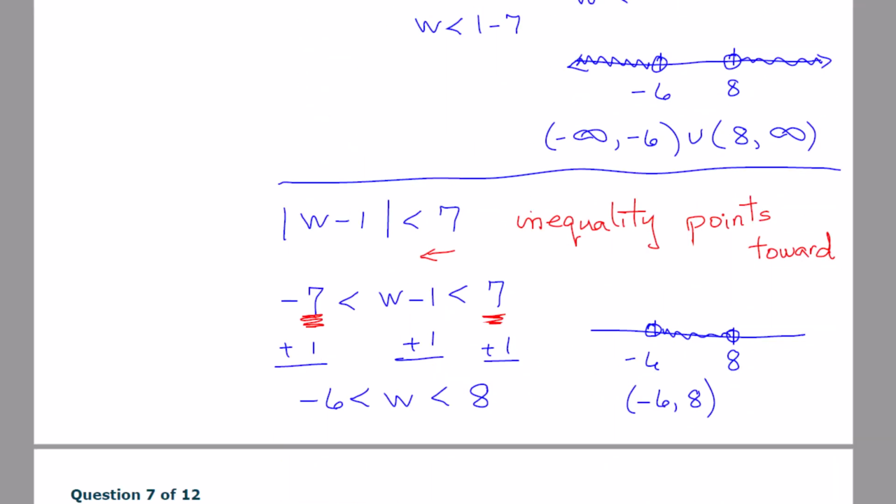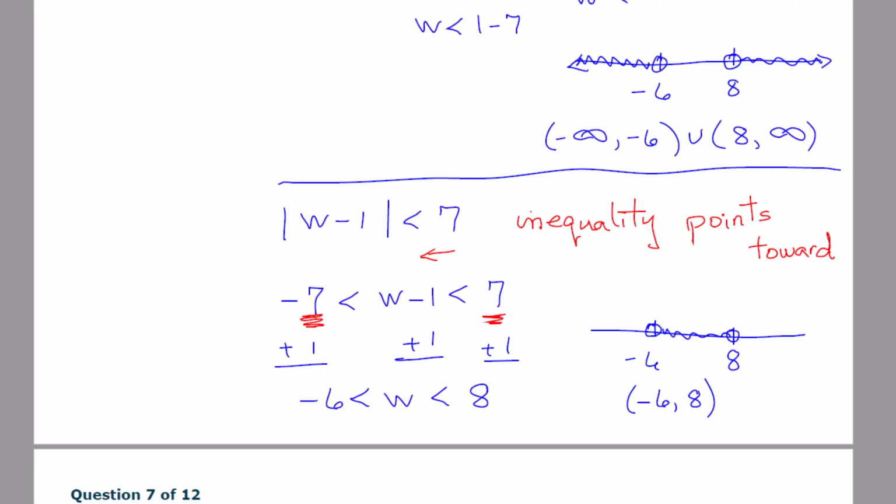All right, what about here? When I've got absolute value and the inequality points toward the absolute value, I trap the middle in between the number and its negative. Again, the direction of the pointy part matters. If it looks away, two separate problems.